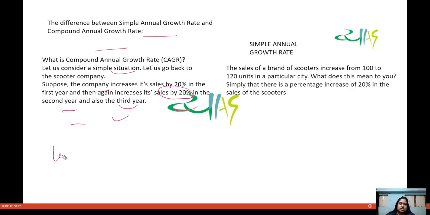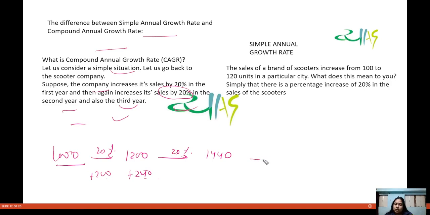So let us say if the scooty sales were 1000, with 20% appreciation it became 1200. Again 20% appreciated, so you will add 240 more.